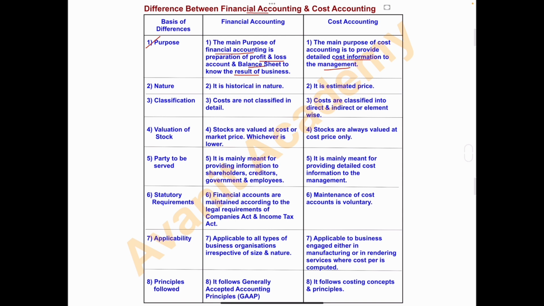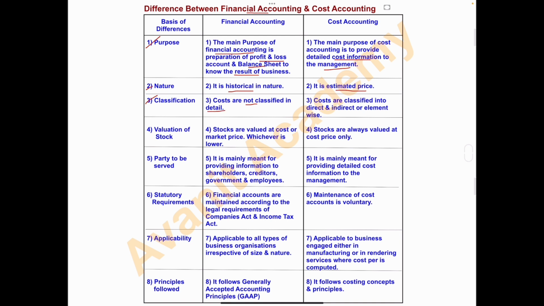Second one, nature. In financial accounting, it is historical in nature, and in cost accounting, it is estimated price. Third one, classification. In financial accounting, costs are not classified in detail.